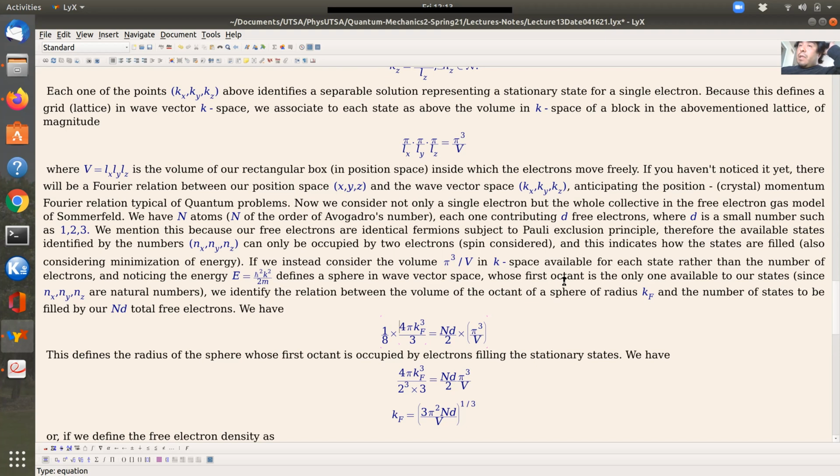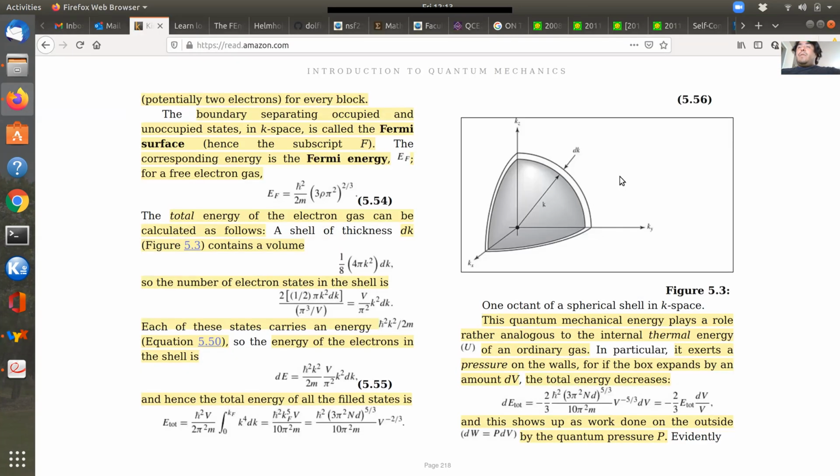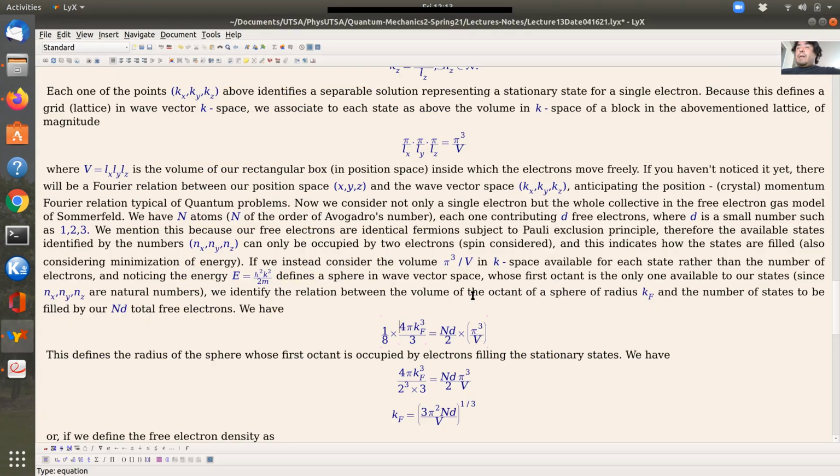So far I have mentioned that we are going to work only with the first octant because we have natural quantum numbers. Now we want the relation between the volume of an octant of a sphere of radius kF, which limits up to where we fill it, that we're going to define as kF. A more precise definition will come in a second.